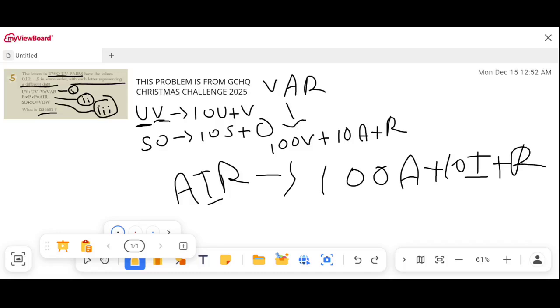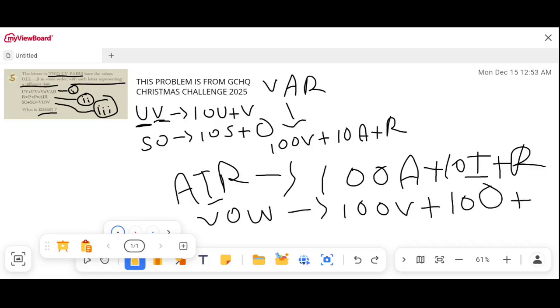And the remaining one is VOW. We'll write it as 100V plus 10O plus W. So now we're moving further.